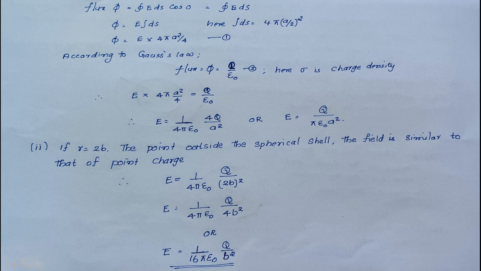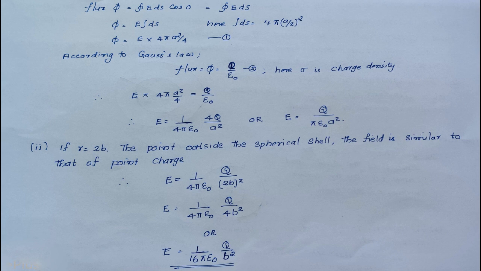Then we are going to discuss the second part. If we consider r is equal to 2b, r is equal to 2b means the point is outside the spherical shell, and we consider the field is due to the charge plus q. So the same way we can reduce the flux to the Gaussian surface.